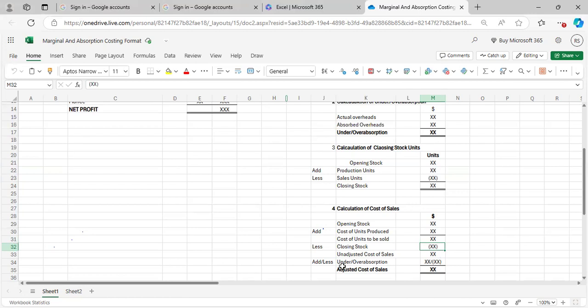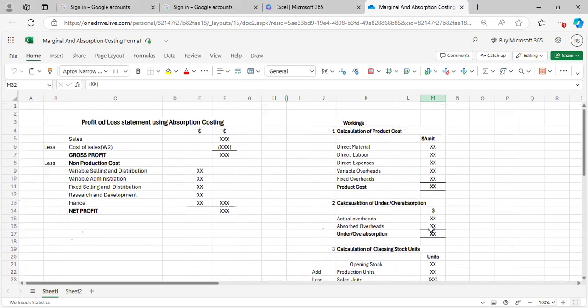If there is under absorption, it means we have charged less cost, we have undercharged the overhead cost. That's why we will add it to the cost. If we have overcharged the cost, then we will deduct it. So the main focus is on the working. Then we have sales less cost of sales, and we get gross profit.